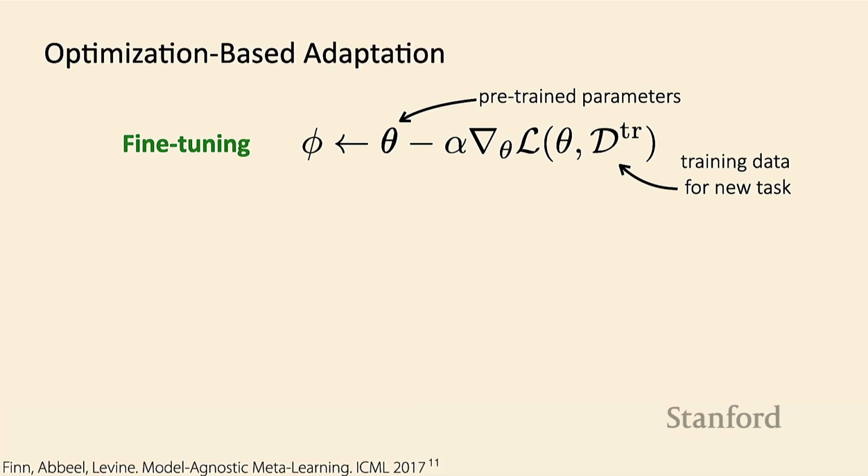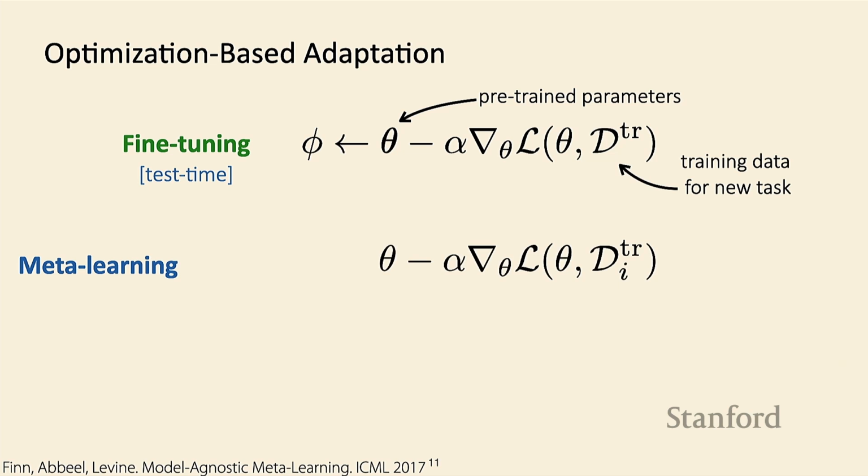So in particular, let's start to formulate what this looks like as an objective. Fine-tuning is what we want to be able to do at test time on our small training set for our new task. So what we can do is take one step of gradient descent. We can also imagine more than one step, but we'll start with a simplifying case of one step of gradient descent.